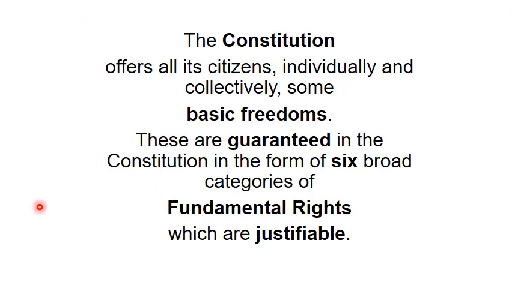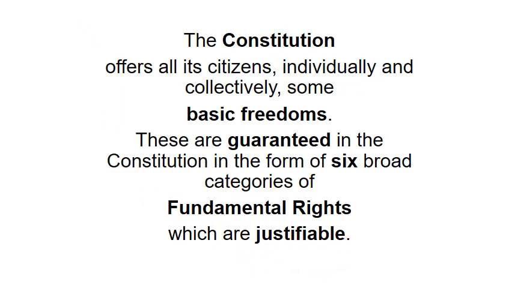What does our Constitution offer to its citizens? The Constitution offers all its citizens, individually and collectively, some basic freedoms. These are guaranteed in the Constitution in the form of 6 broad categories of fundamental rights, which are justiciable.